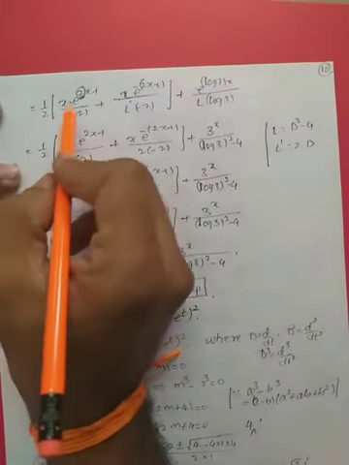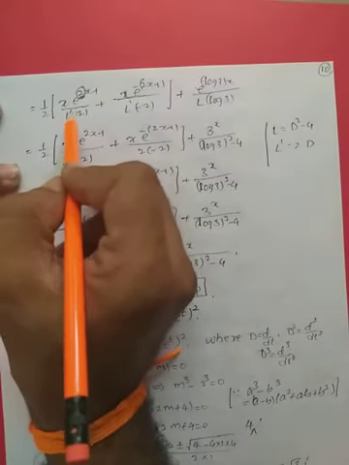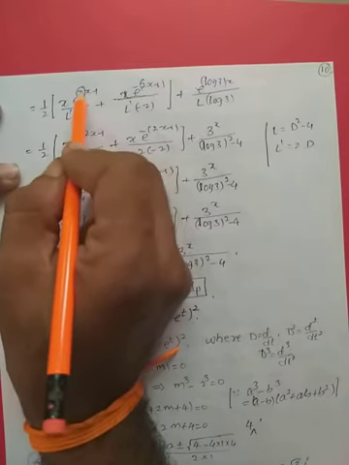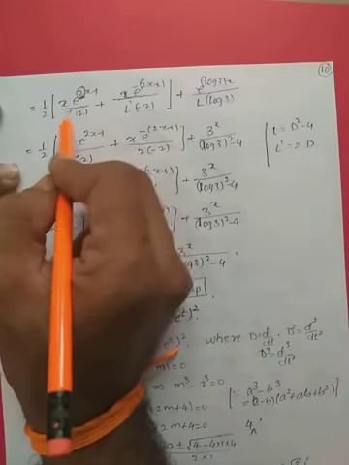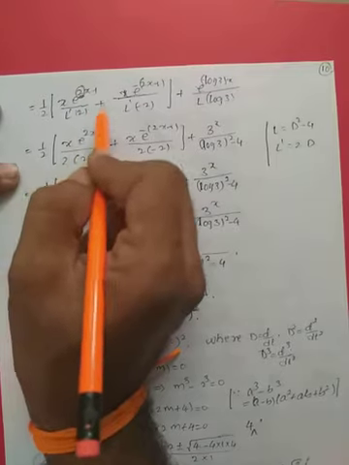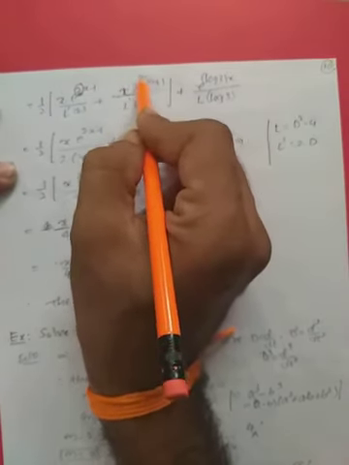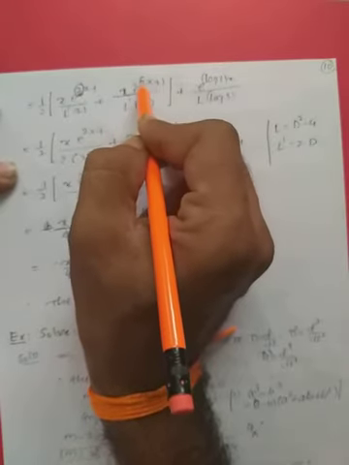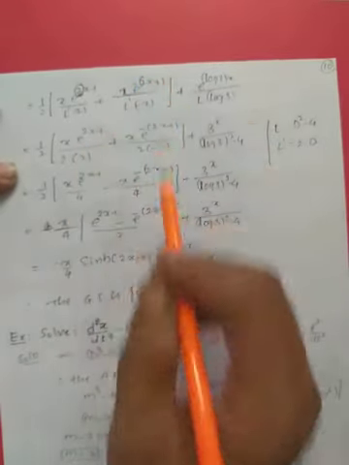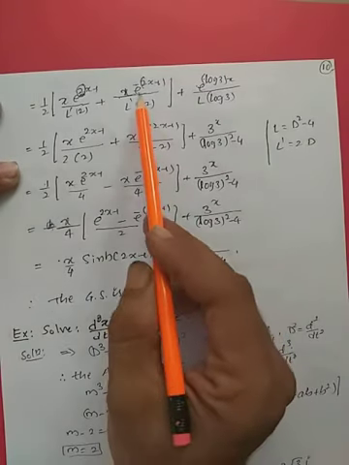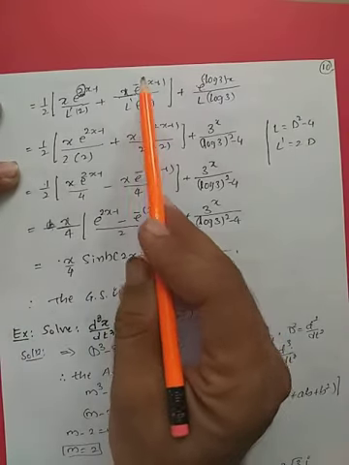Therefore we can write x into e to the power 2x minus 1 divided by L dash of 2. When you come to the next term, you take the minus sign inside, and the coefficient of x becomes minus 2, that is a is equal to minus 2 in this case.